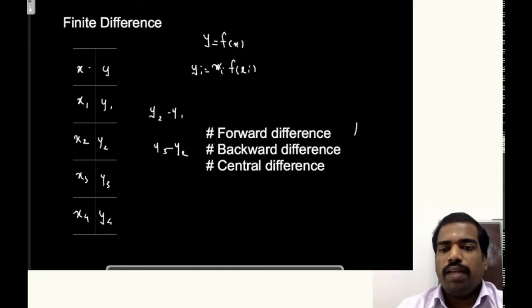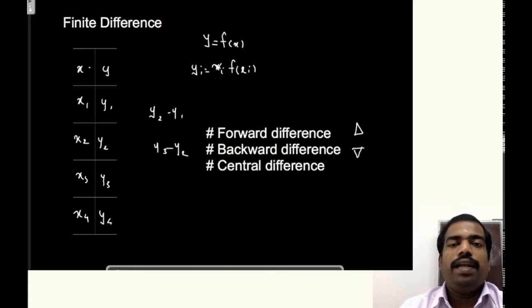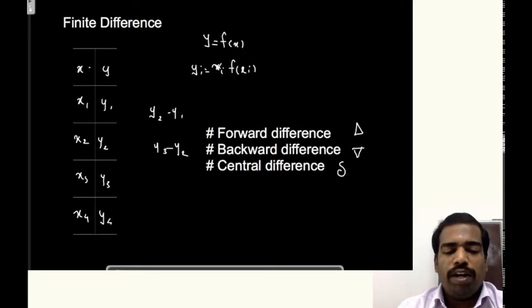This operator is widely used for the forward difference, and the backward difference operator is denoted by the symbol del, and the central difference by this delta. So these are the operator symbols of the forward, backward, and central difference operators. We will discuss what these operators are in detail in our coming session.